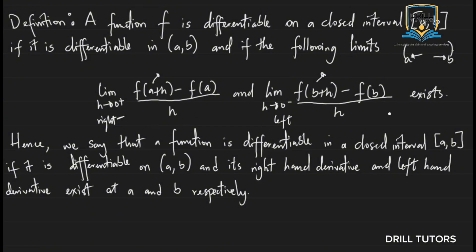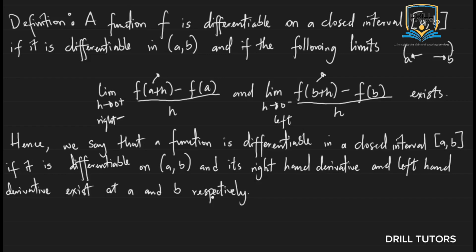So if these two guys exist, then you say that the function is differentiable in that interval. Hence, we say a function is differentiable in a closed interval if it is differentiable on an open interval a comma b like this, and its right hand derivative and left hand derivative exist at a and b respectively.